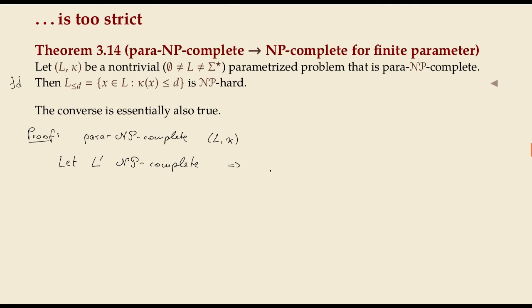Now we can make this a parameterized problem by adding a dummy parameter, one that doesn't really do anything sensible, by just setting the parameter to 1, ignoring whatever comes. So I claim that this parameterized problem is in para-NP.